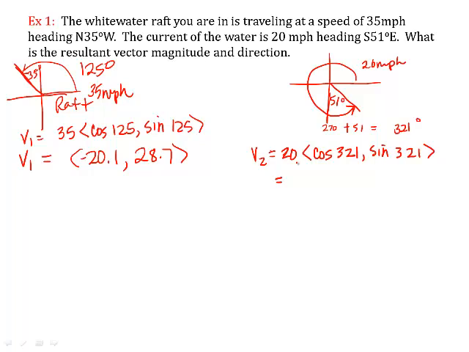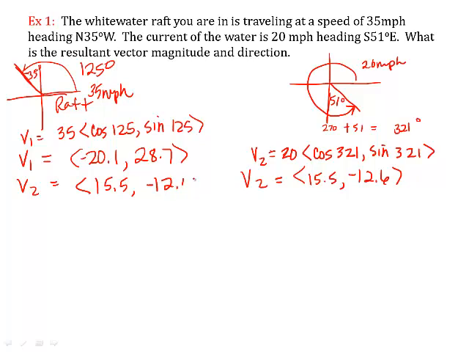Let's crank this out. I get 15.5 and negative 12.6. All right, so that's vector 2. Now to get my resultant vector, I'm just going to write vector 2 under this one, and then I'll just add these up.